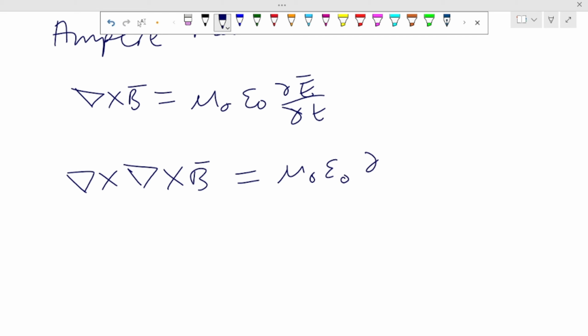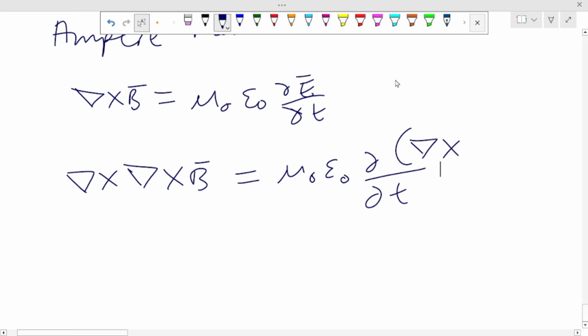Note that the curl affects the vector field. Are you seeing that these guys are constants, so the curl just goes straight to affect the vector field, not the constants.